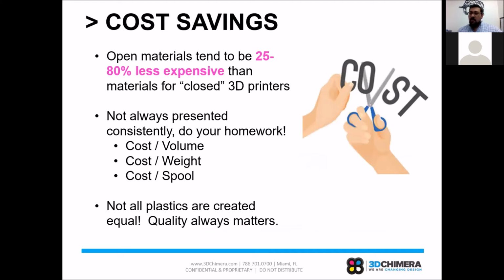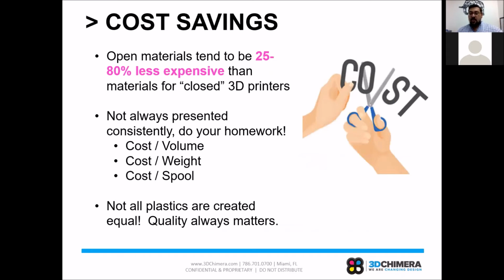But also important, not all plastics are going to be created equal out there, right? Quality still matters. Just because you can buy material on the open market doesn't mean that we necessarily want to go on Alibaba and find the cheapest possible spool out there. You do want to work with trusted brands. You do want to make sure that you're going to have some reliability and repeatability behind that material. So when it works well for your first application, you'll be able to buy it this year to produce your first 100 parts, next year to do your first 5,000 parts, and the year after, across your whole print farm, 10,000 parts.